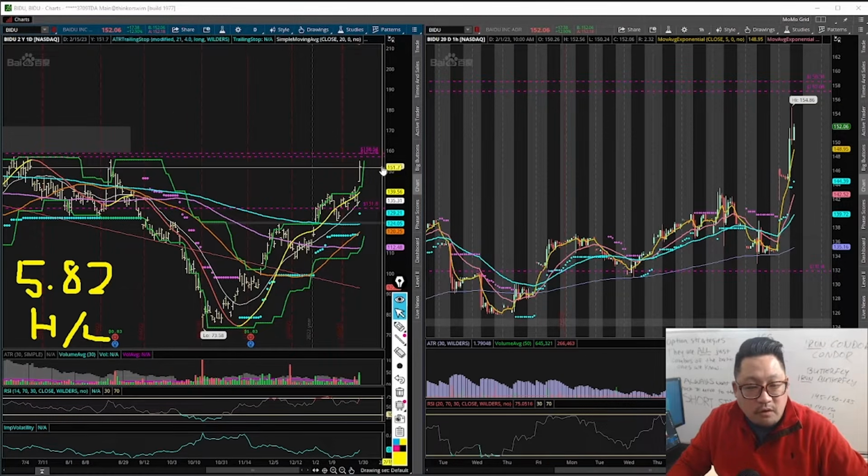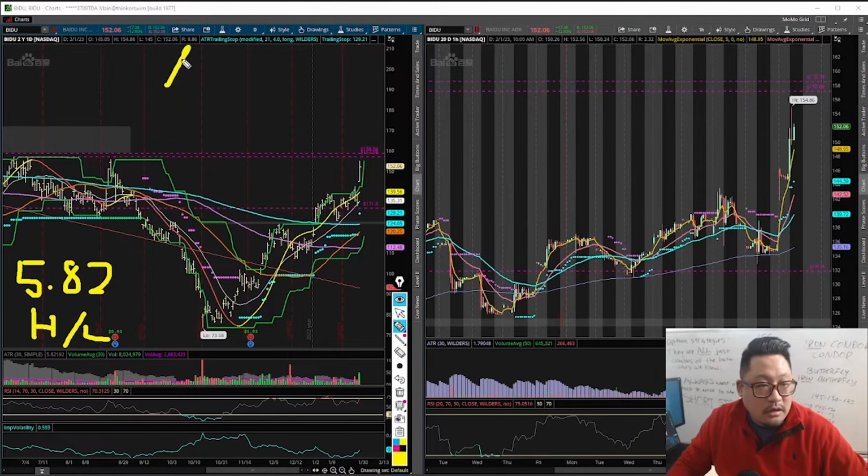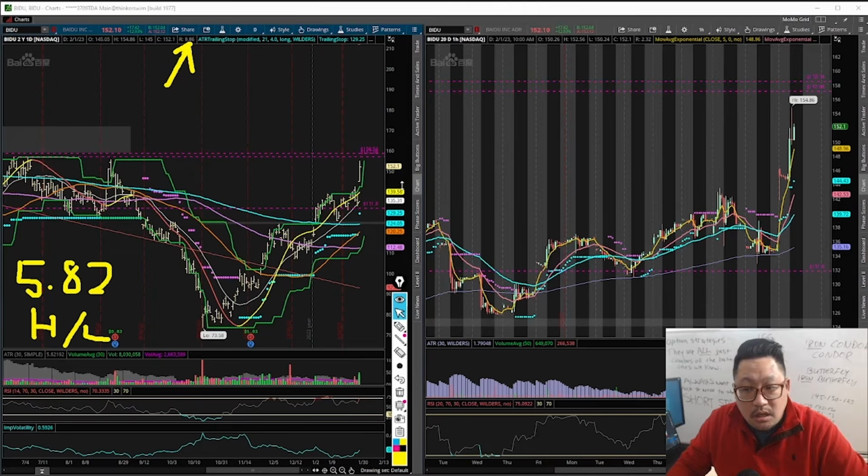Well, today, so far, the total range, you could actually see it right here where it says R, right up here. Sorry, I'm trying to draw on this desktop. It's $9.86 today. So we have expanded beyond the ATR by $4.